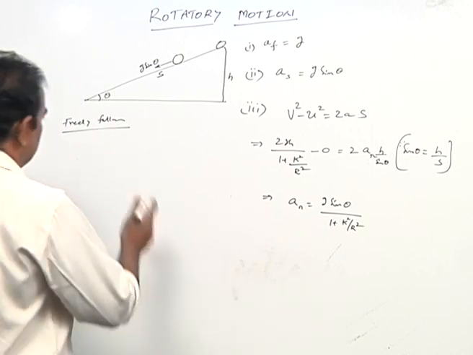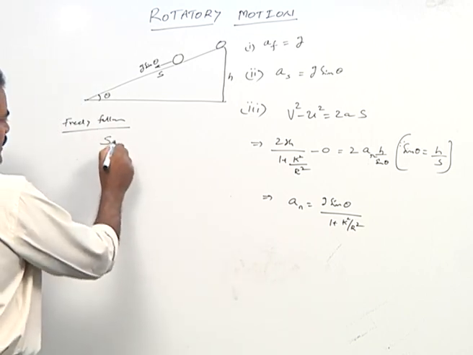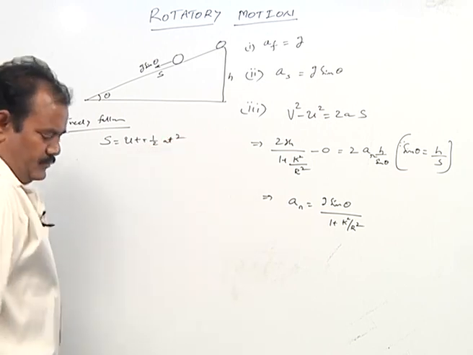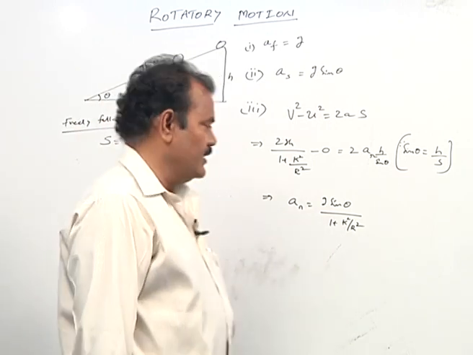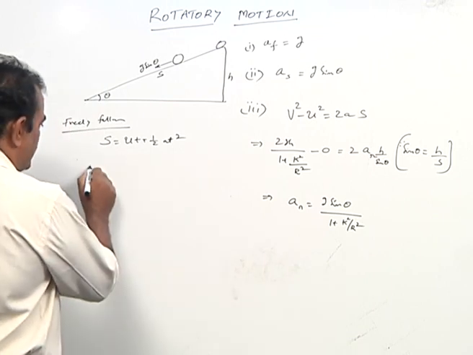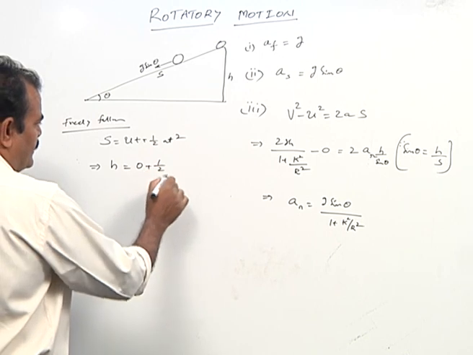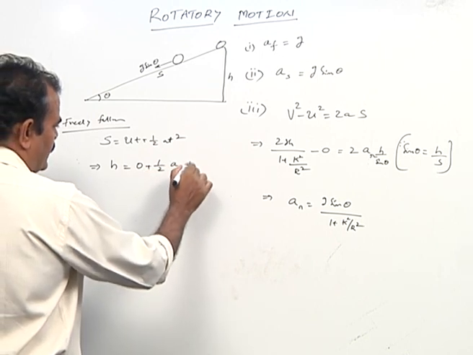For the time taken by the freely falling body, we take S is equal to ut plus half at square. In that case, S can be taken as h because it is a vertical displacement. ut is 0, and one by two times the acceleration of the freely falling body, which is small g, times t square.